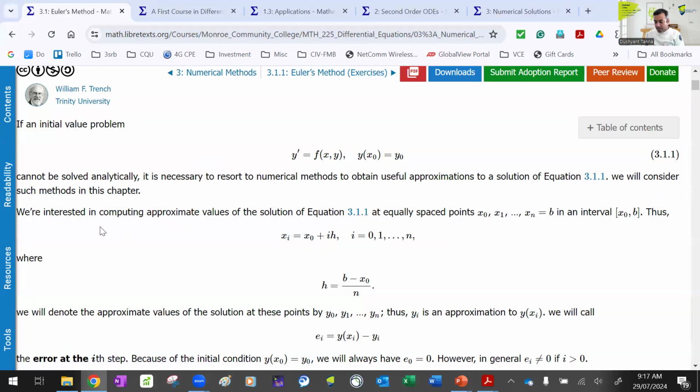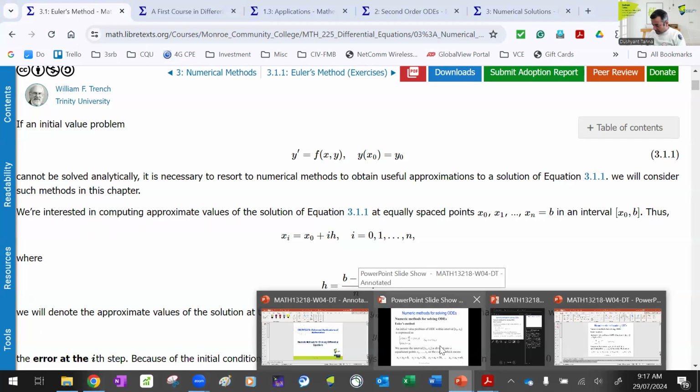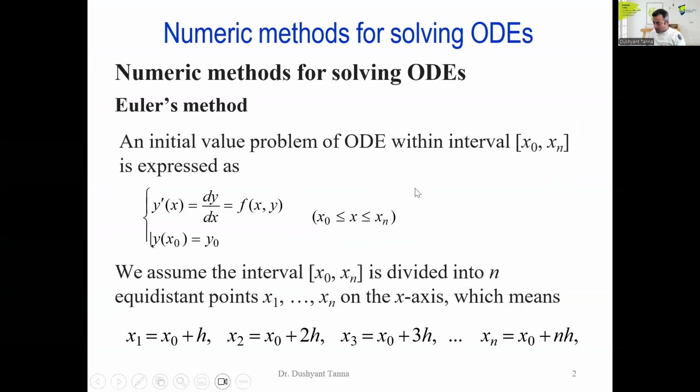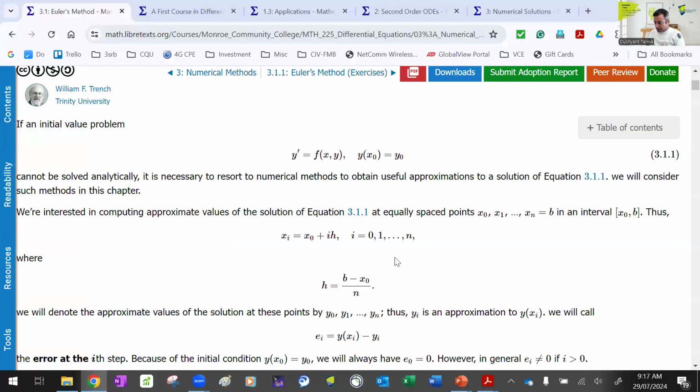Right. We are interested in computing approximate values of the solution at this set of equally spaced points, right? Along with this, I will explain this one. So Euler's method: an initial value problem within this interval, because you need some boundary where you will find the interval, is expressed by y dash, which we know dy by dx is f(x,y), x0 to xn, y of x0 is y0, right?